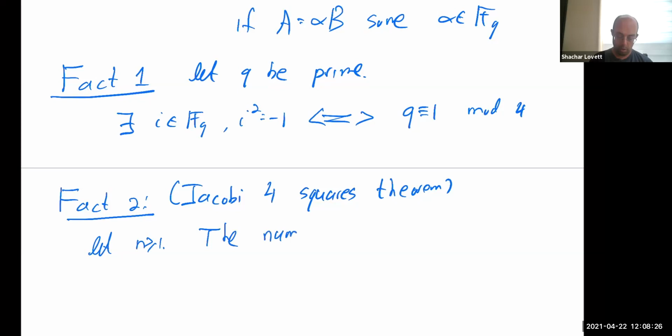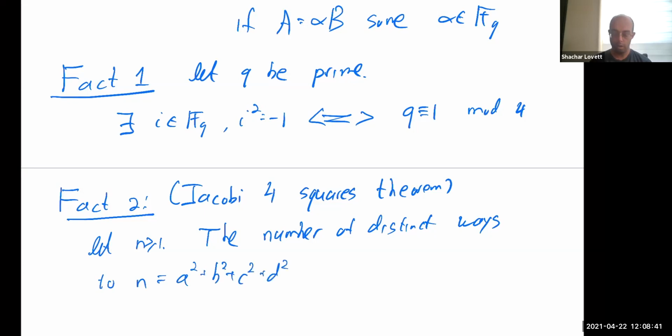The number of distinct ways to write n as the sum of 4 squares, like a squared plus b squared plus c squared plus d squared, has a very nice formula: it equals 8 times the sum of all the divisors of n. Okay, so again, it's a fact in number theory.